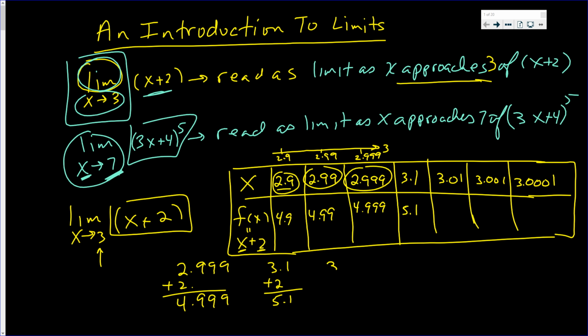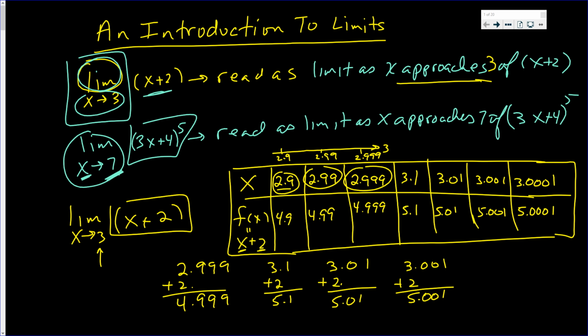If x is 3.01 and I add 2 to it, I get 5.01. Nothing hard yet. If x is 3.001 and I add 2 to it, I get 5.001. And if I add 2 to the last one, oops, this should be 0, 1. I get 5.0001.